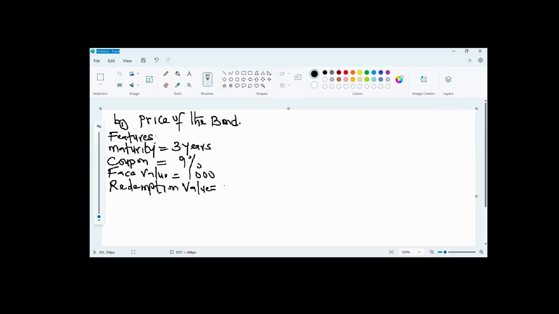Look at the par: 1,000 naira. We have itemized the features of the bond.